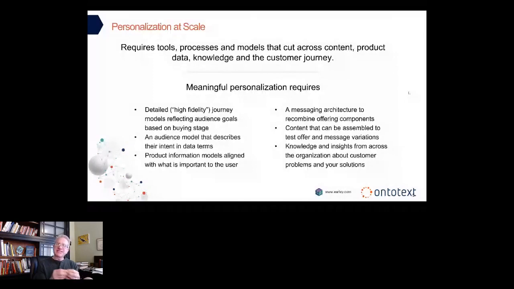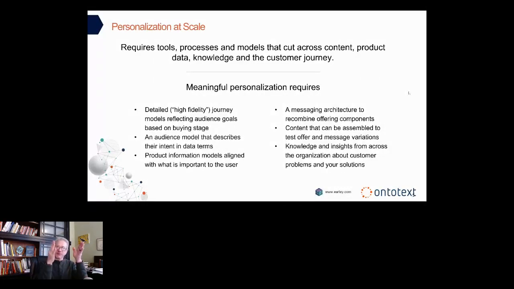But we also have to tag that content with the attributes of the user to understand their role, their preferences, and what they're looking for. We also need an audience model. And again, this is related to the journey model that describes their intent in data terms. We don't want a pre-coordinated set of identifiers or attributes like, CIOs in the Midwest in the market for routers.